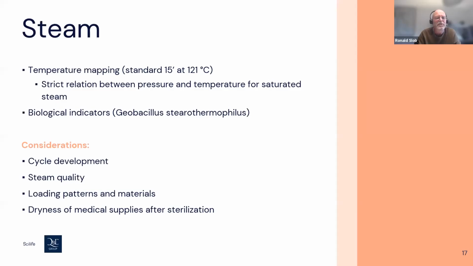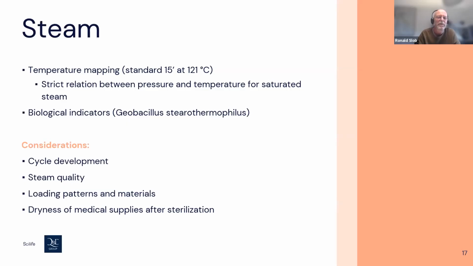So you've got your steam. Steam sterilization is normally done with temperature mapping. 15 minutes at 120 degrees is the standard. It's an overkill situation. You have a strict relationship between the pressure and the temperature of your saturated steam, and that's the most important thing you want to achieve within a steam sterilizer, in a vessel, or when you're doing steam in place.